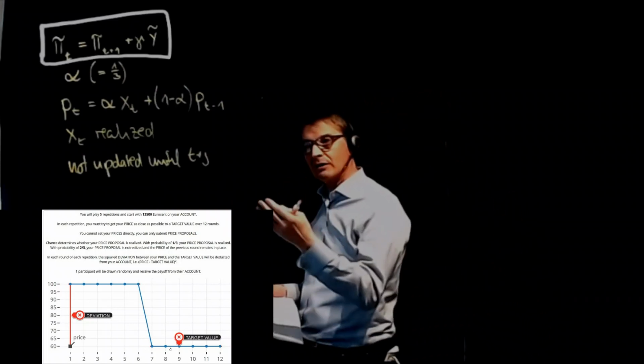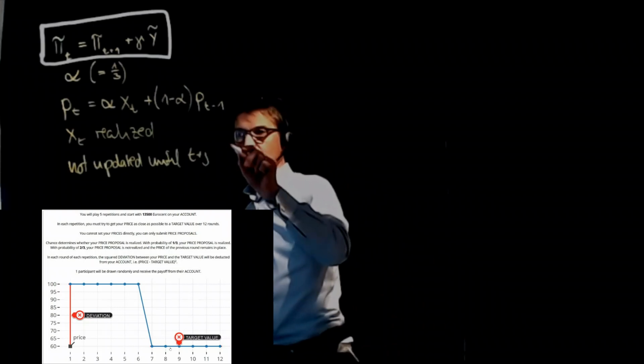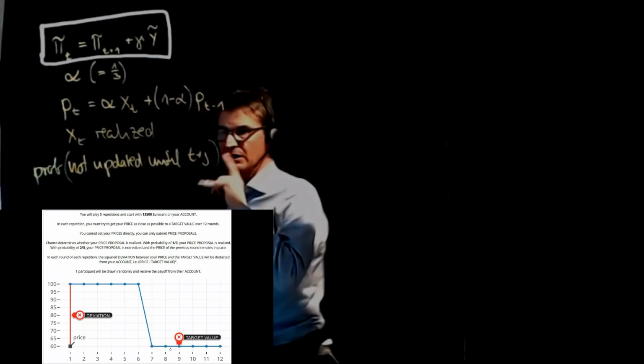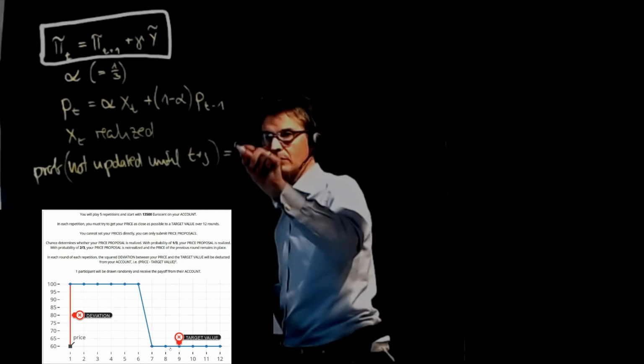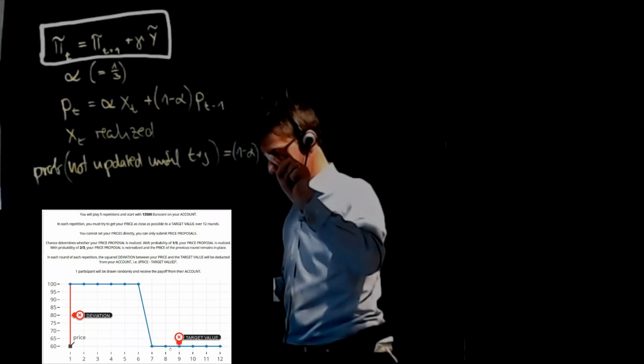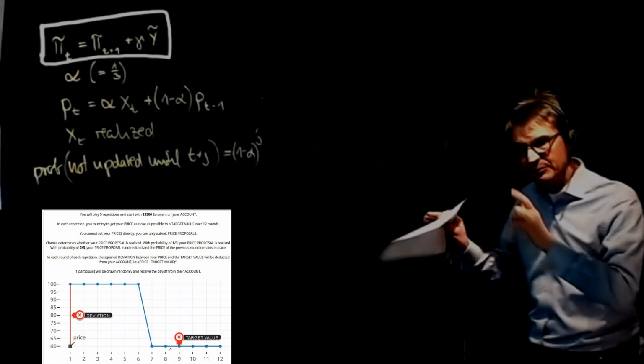And how high is the probability that this happens? Well, the probability of not being updated until t plus j is equal to (1 minus alpha) to the power of j. Let me illustrate that, just very quick.